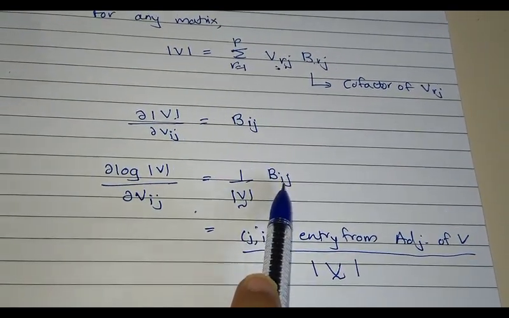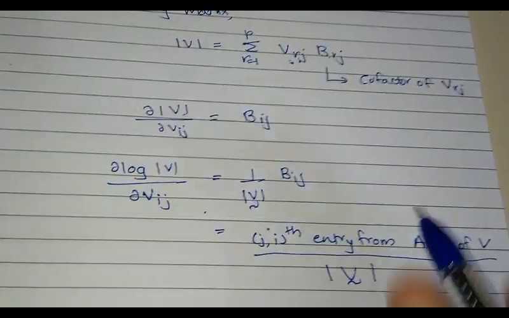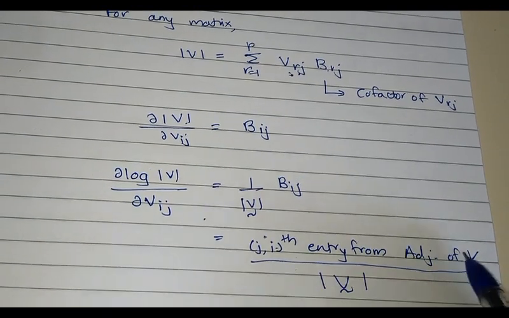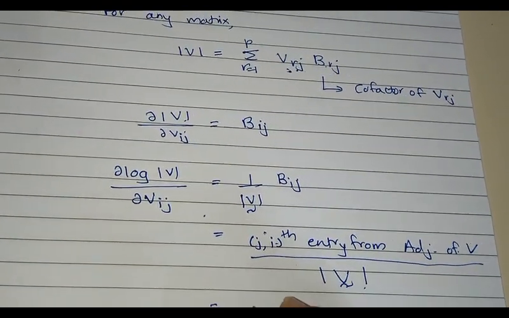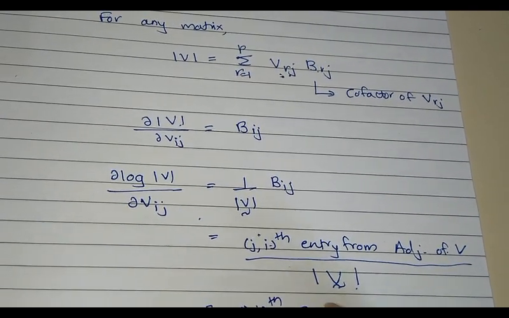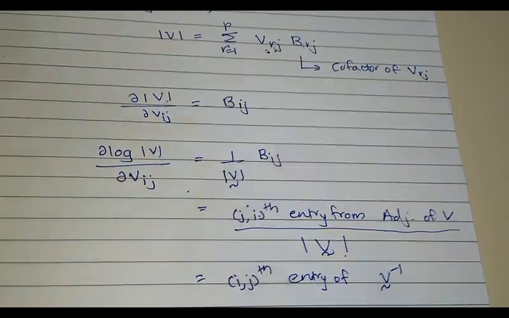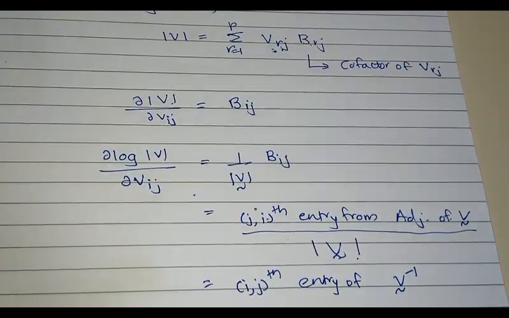So ijth cofactor is nothing but jith entry from adjoint of V, linear algebra. So jith entry from adjoint divided by V is nothing but ijth entry from V inverse, because this is how you define inverse, right?